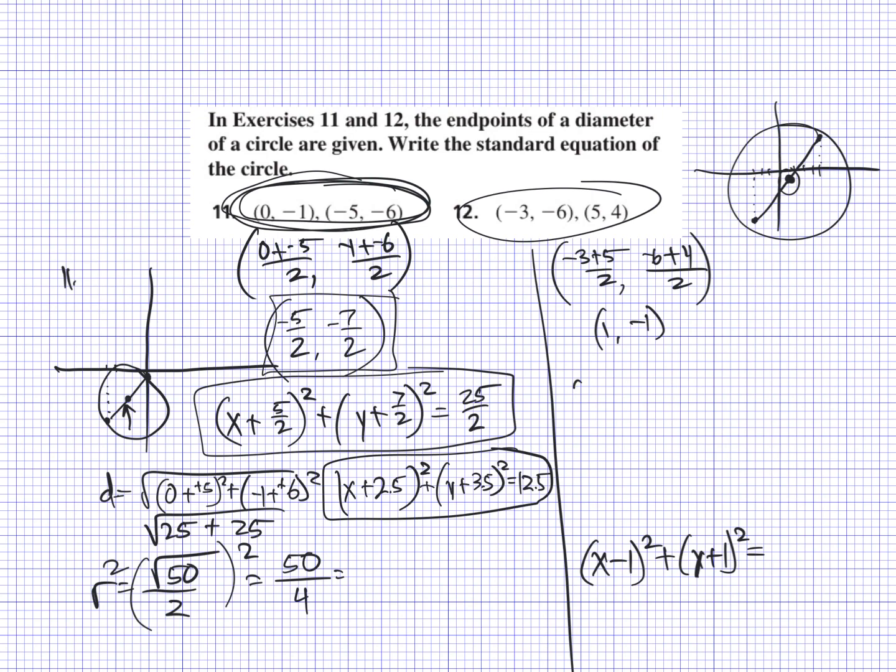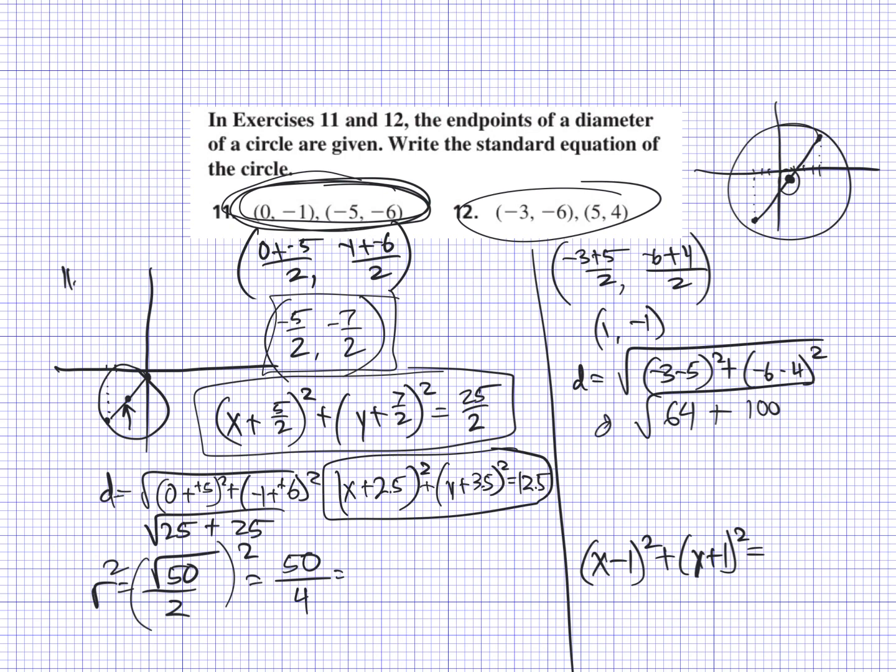So again, we'll do the same thing. The distance of your diameter: x minus x, y minus y. -3 minus 5 is -8, and -8 squared is positive 64. -6 minus 4 is -10, and -10 squared is 100.